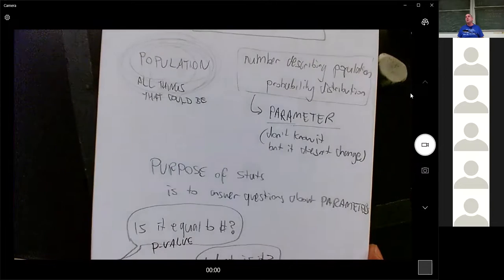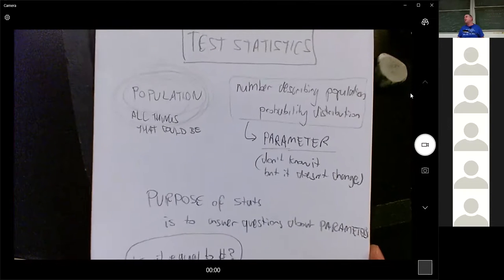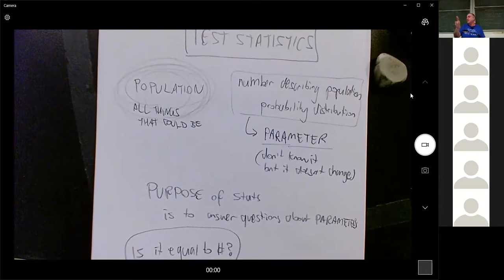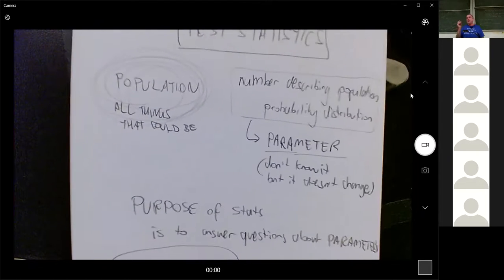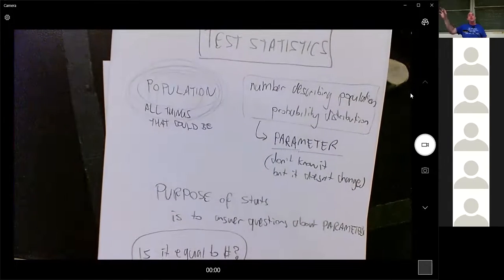Your real question is more like, does changing this chemical process make a difference to the outcome? That's what your real research question is. But in order to pitch it as statistics, you have to pitch it as, is the mean different before versus after? That's the idea. Your real research question will be, does this make a difference?